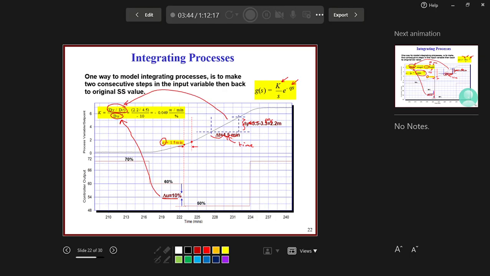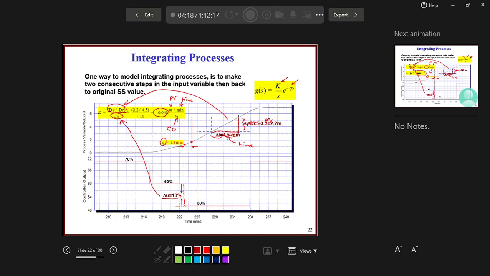The ratio of the two, so delta y is this distance, and delta t is this distance, divided by delta u, this distance, and the result will be the integrator gain, which has the unit of the process variable over time divided by the controller output or the input.